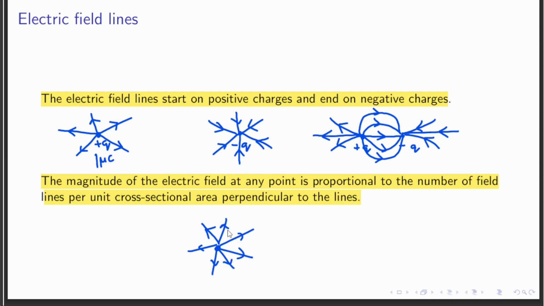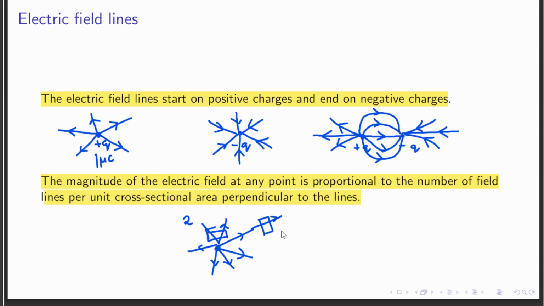Property 2 states that if we have a unit cross-sectional area, so let's say I have a unit square here, the number of field lines passing through this is 2, and at some other point, let us place the same unit square, and now the number of field lines passing through it is only 1.